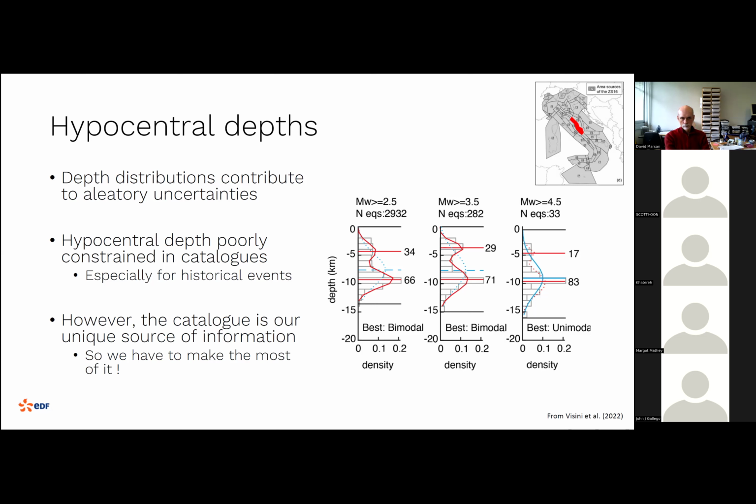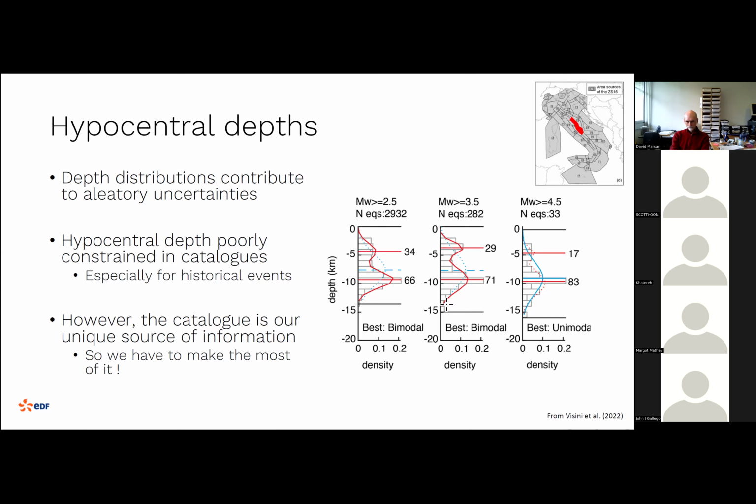So we have to make the most of it. Here is one example from Visini and co-authors. For Italy, they considered a specific area, and this is just an illustration, where they mapped the distribution of hypocentral depths and discussed in their manuscript whether using a unimodal distribution for depth is better than a bimodal distribution.